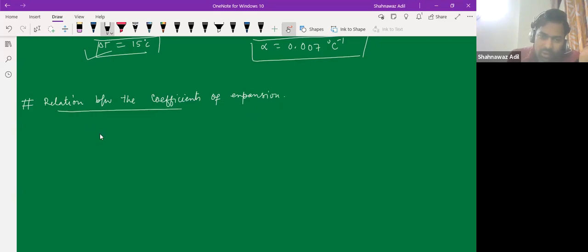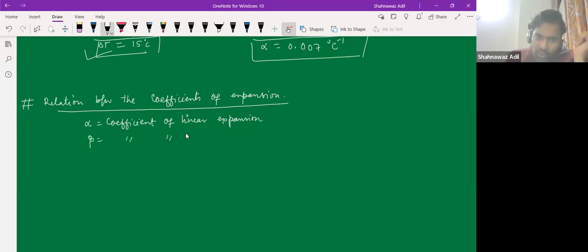So we have alpha, this is the coefficient of linear expansion. Then we have beta, this is the coefficient of superficial expansion. And then we have gamma, which is the coefficient of cubical expansion.